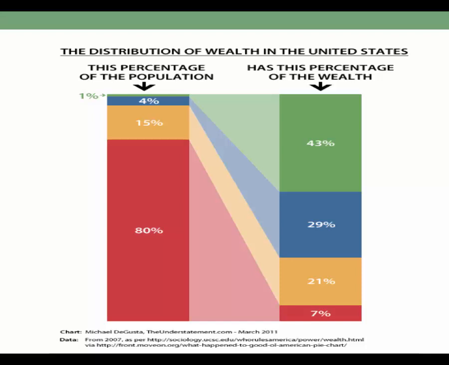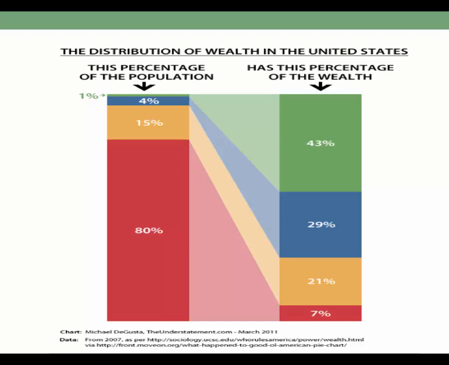When we look at who has the largest share of wealth in the United States, that would be the top 1% of households, who have roughly 43% of the nation's assets. And then if you consider the next 4%, then it's 29% of the assets. And then the next 15%, 21% of the assets.